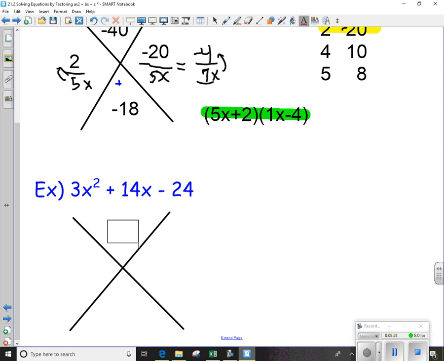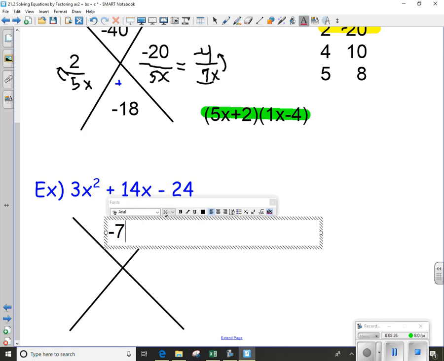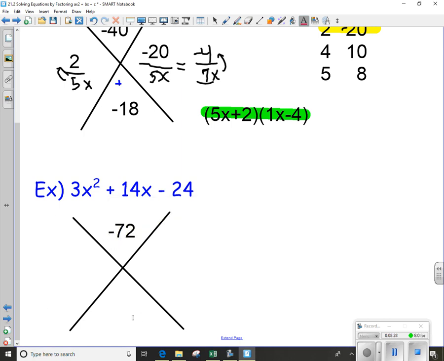3 times -24 is going to give me a -72. I want to figure out which ones of those will add together to give me 14. So again, multiply together to give me -72. Add together to give me 14.